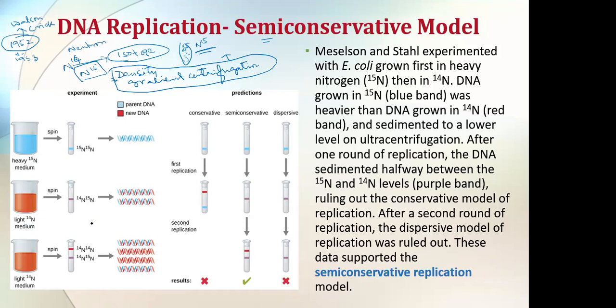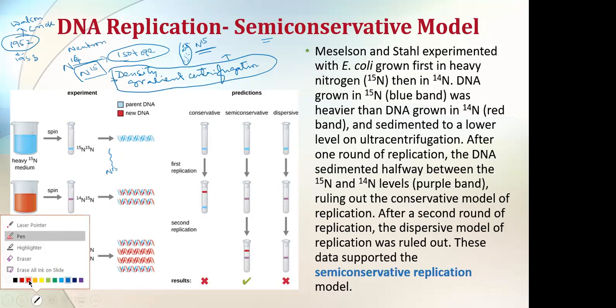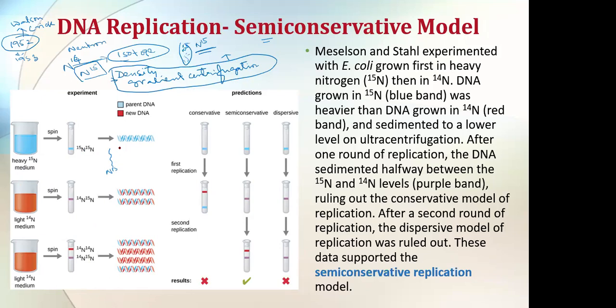Now, when they did that centrifugation, what actually happened? You can understand. So it was N15, that's the heavy one, and let's say this one is N14, the lighter one. Now together, what will happen?